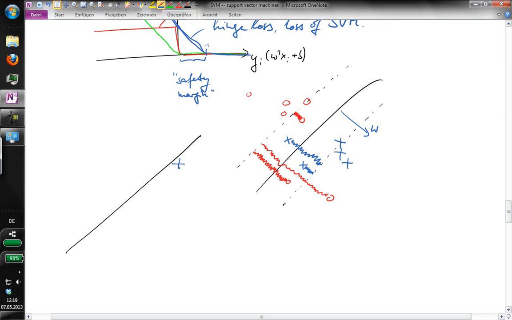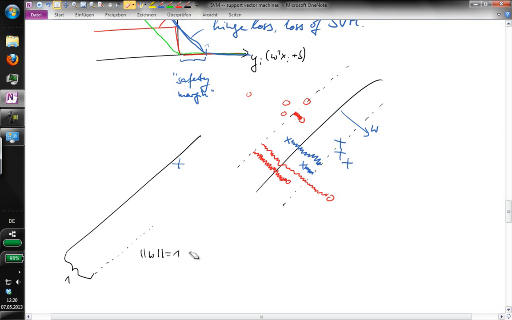If I forced my normal vector to have a magnitude of 1, then let's say the margin would lie here. So this is a distance of 1. And I could enforce this margin if I set the norm of W to be 1.